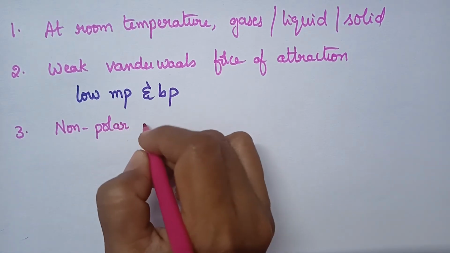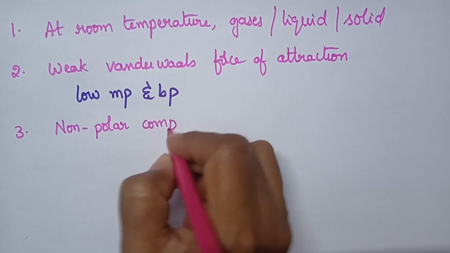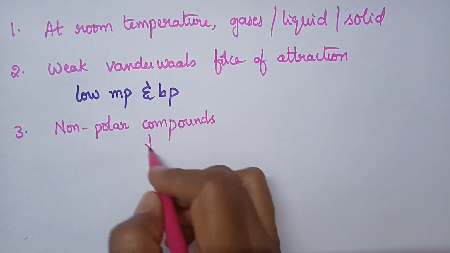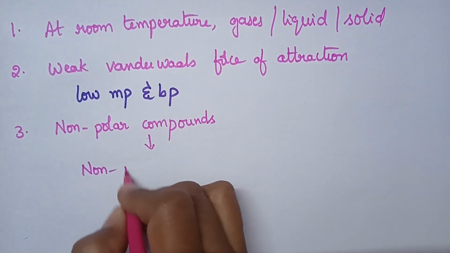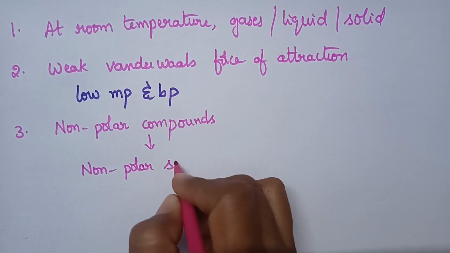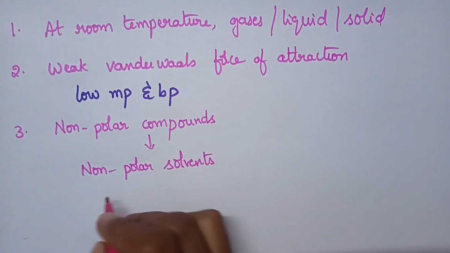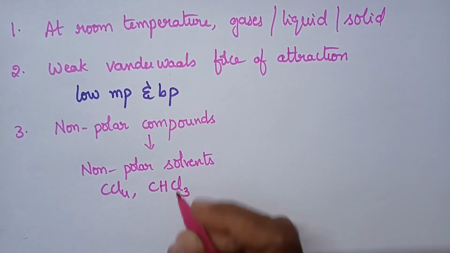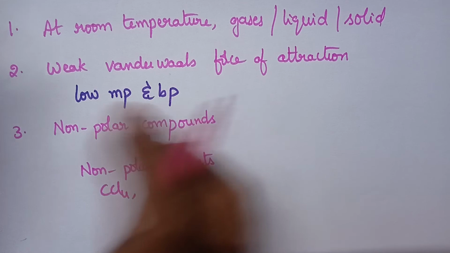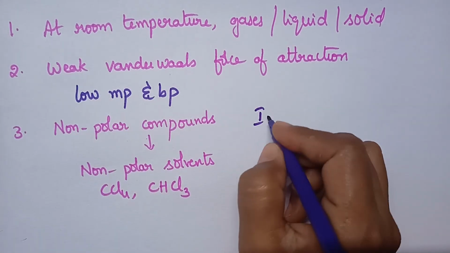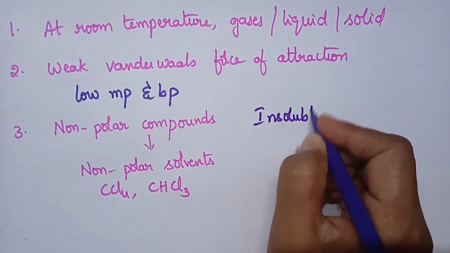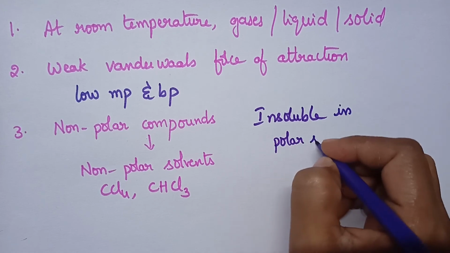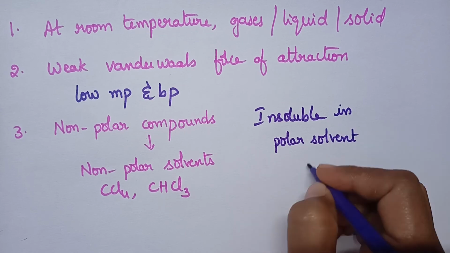So, these non-polar compounds are soluble in non-polar solvents such as CCl4, chloroform, etc. Whereas these compounds are insoluble in polar solvents such as water.